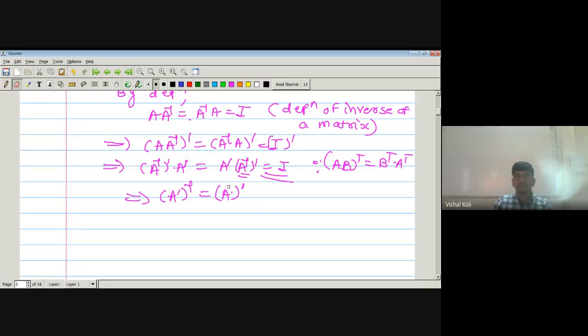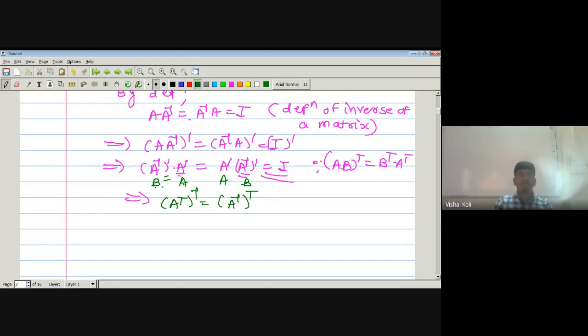This one is the inverse. This will be A transpose, and this one is the inverse of A. Then by the definition of inverse, consider this one as A, this one as B. So this one is A and this one is B. So B into A equal to A into B equal to I. Then the inverse of a matrix A is nothing but B. So the inverse of A transpose is nothing but this matrix, that is A inverse transpose.